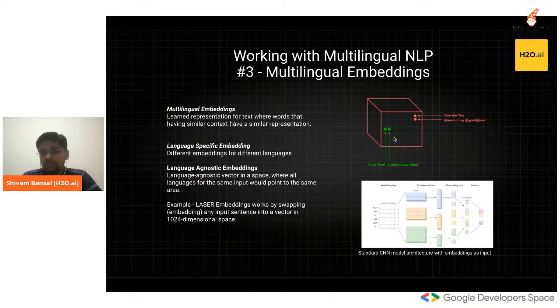We can just take these embeddings and pass them to our models for standard classification or extraction tasks. So multilingual embeddings are very popular, and with LASER embeddings and other popular ones like multilingual BERT embeddings, multilingual data can be converted into one normalized form, which can be used for NLP related tasks.